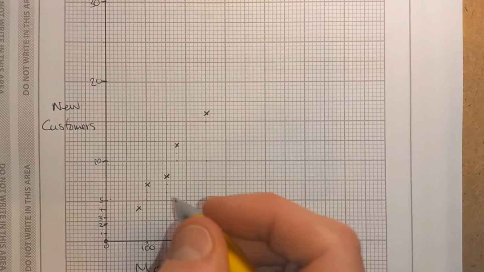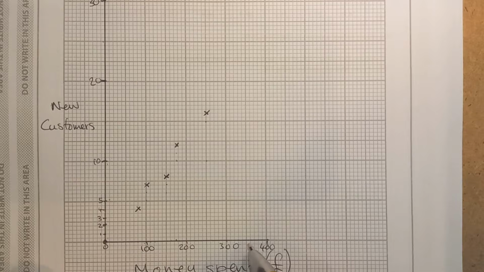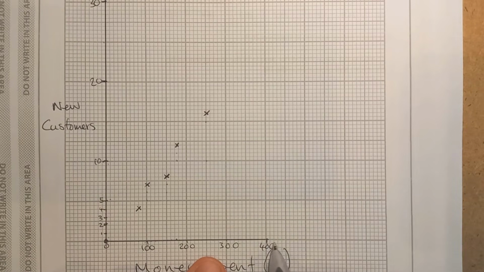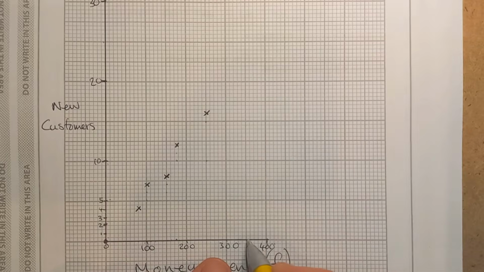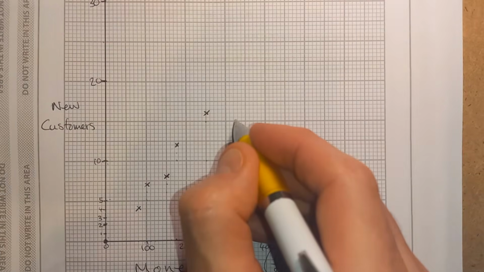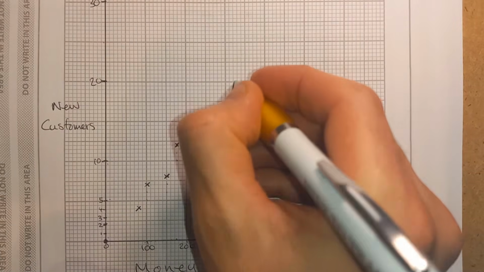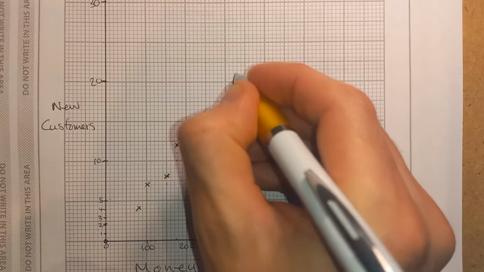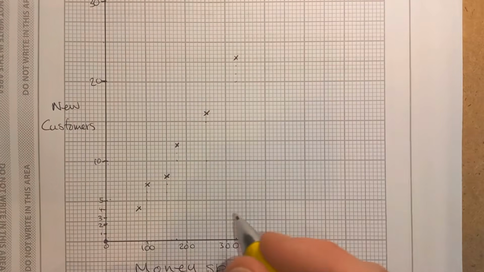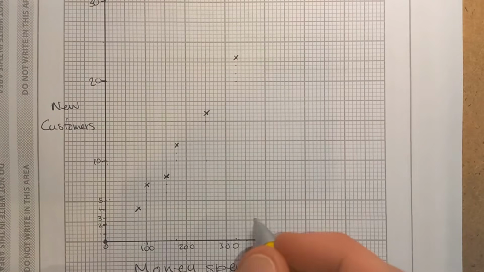Then we've got £325 for 23 new customers. Well, halfway between 300 and 400 will be 350. So if we want 325, 310, 320, 325 is going to be halfway between here and here. So let's take this up, and we want to get to 23. Well, that's 20, 21, 22, 23. Then we got £125 for 9 new customers.